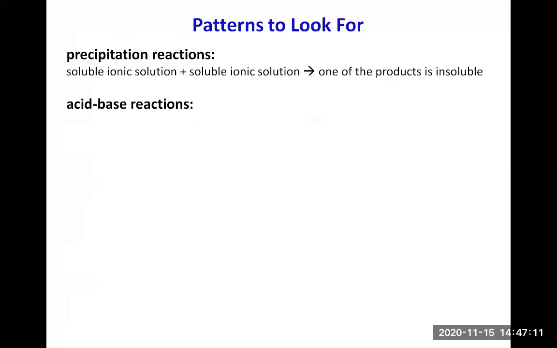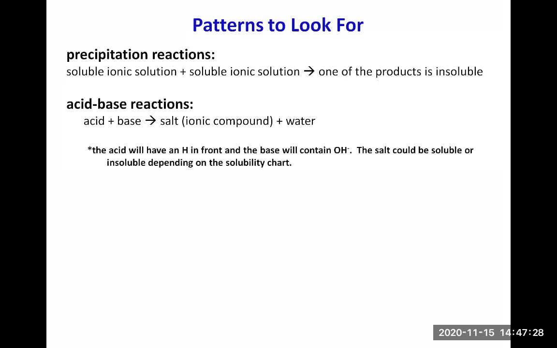Acid-base reactions: it's when you have an acid plus a base and it gives a salt plus water. A salt is a general name for ionic compounds, because ionic compounds are typically solid and crystalline, so we call them salts because of that. To recognize an acid-base reaction, you want to recognize an acid by the fact that there is a hydrogen in front of its formula, and the base will contain OH minus.